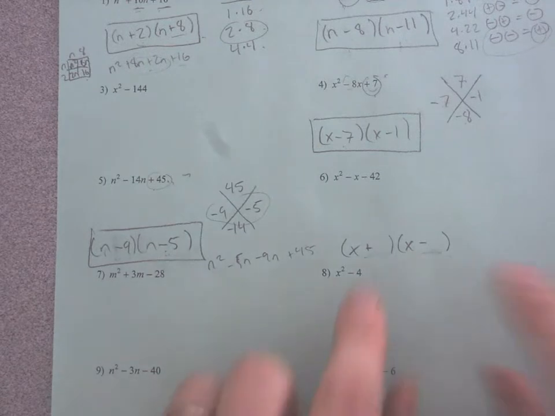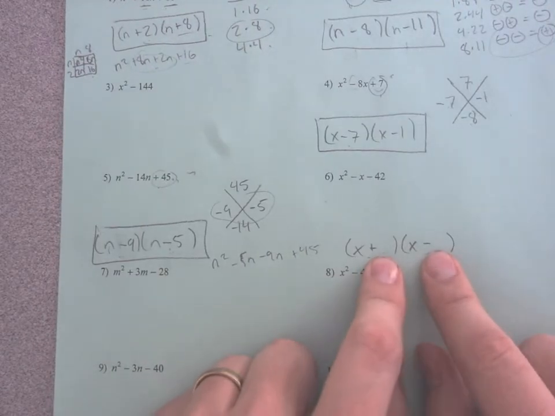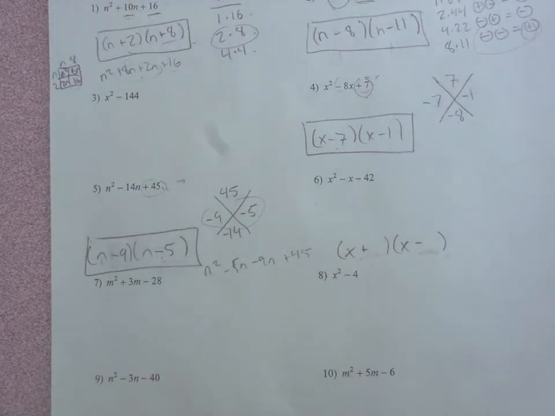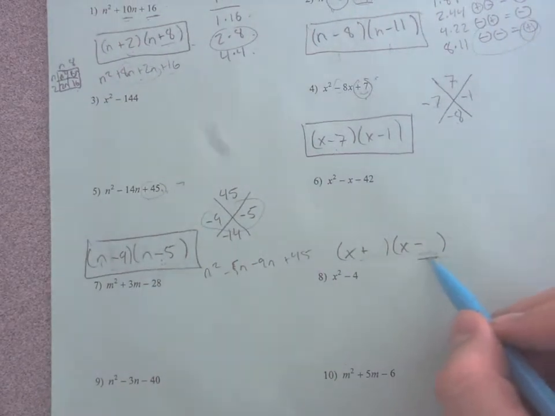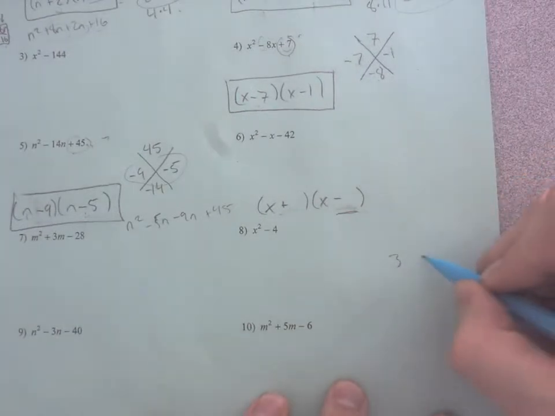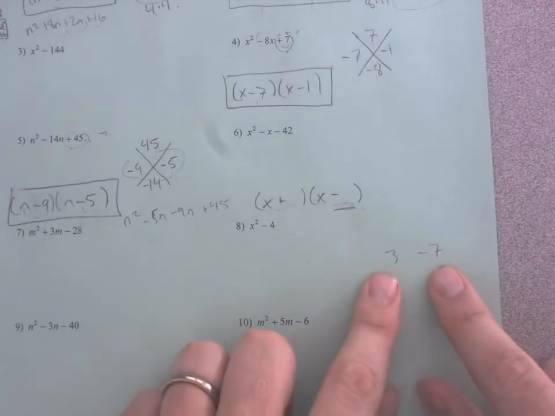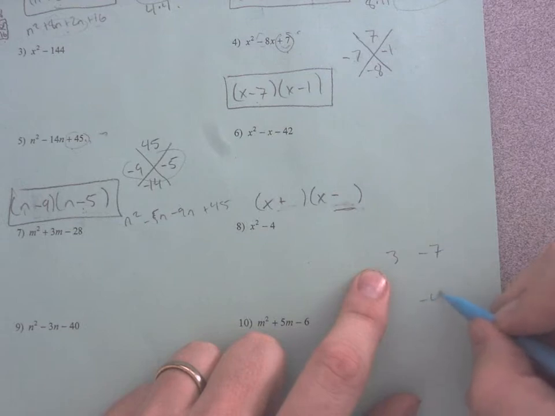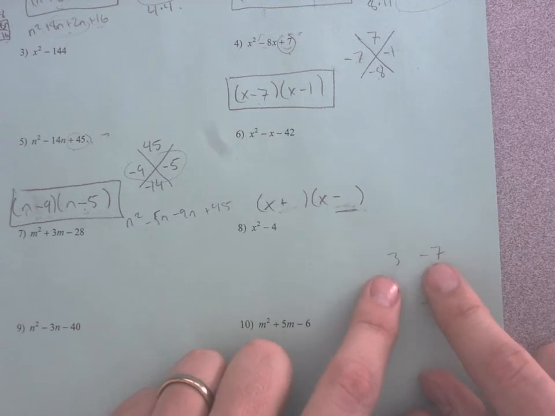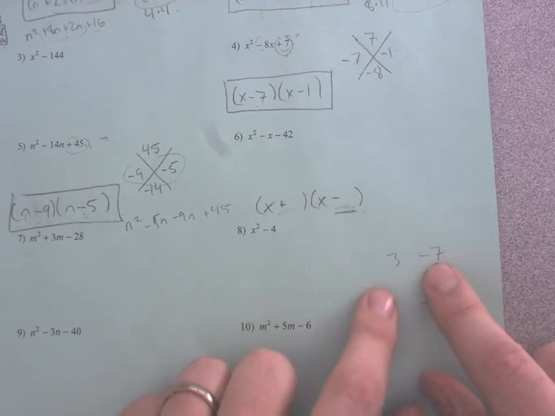The other thing I know is that when I put these two numbers together or combine them, the result is negative, which means whatever these numbers are, the negative one has to have what we call a bigger magnitude, right? It has to be the bigger one that, when I put them together, wins. For example, if I have these two numbers right here and I combine them, the result is negative because -7 is farther from 0 than 3, or the absolute value of -7 is bigger than 3.